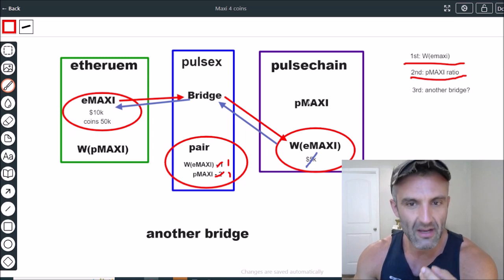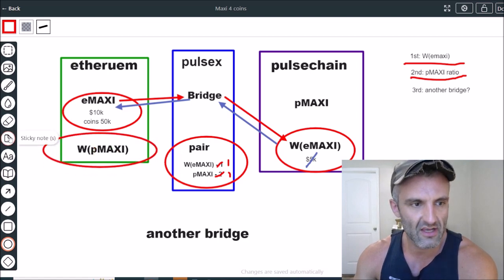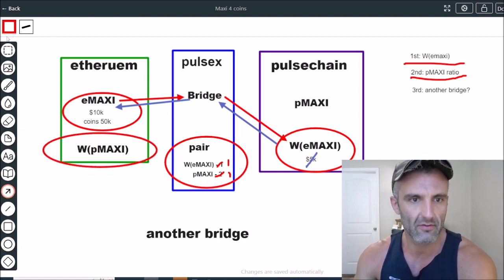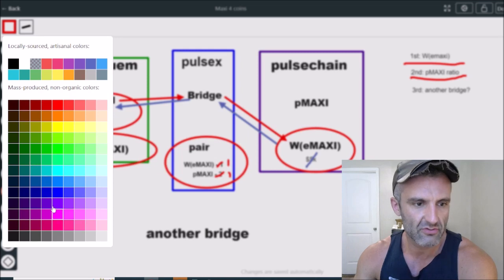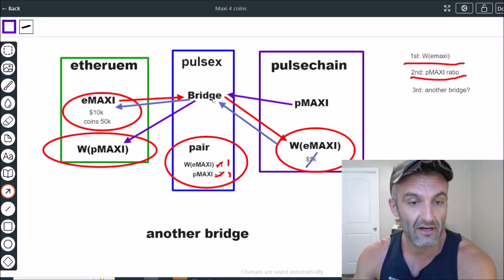Okay, so the same thing, right? We can run through the same exact scenario here by bringing your stuff over. Let's use a different color. Let's use purple. So if somebody has their PMAXi, they bring it over to the bridge and they bring it down here. What you're effectively doing is bringing, say, 50,000 PMAXi through that bridge. Now you're going to have wrapped PMAXi, right?